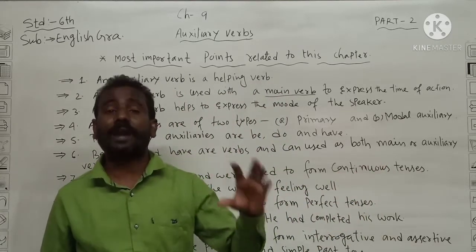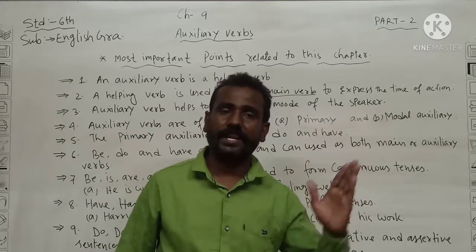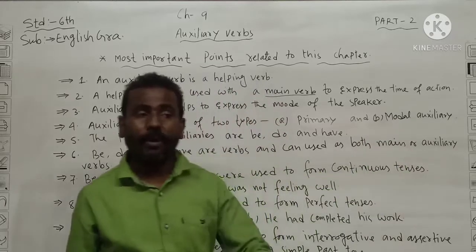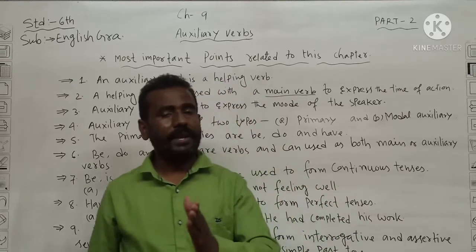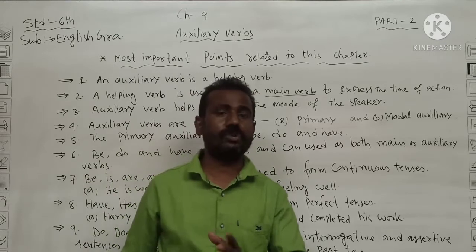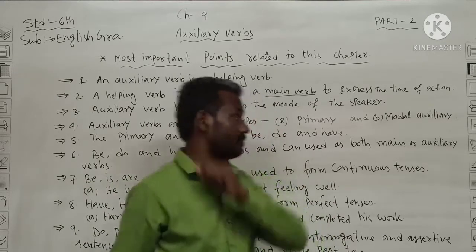These are the primary helping verbs, that means primary auxiliary verbs. B: modal auxiliary verbs. What are modal auxiliary verbs? Can, could, may, might, shall, should, ought to. These are the modal auxiliary verbs.